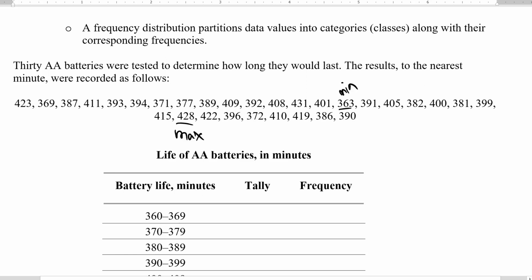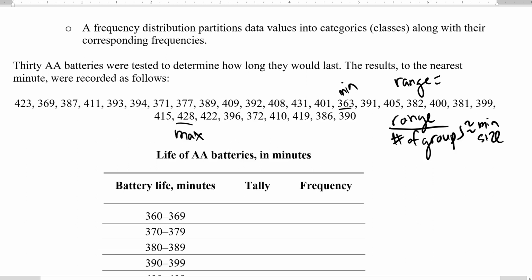And if I take the range and divide it by the number of groups that we need or want, it will give me an approximation for a minimum size of the groups. So the range is going to be the max minus the min. So 428 minus 363.